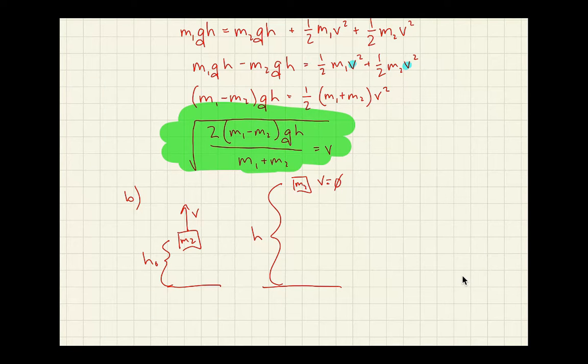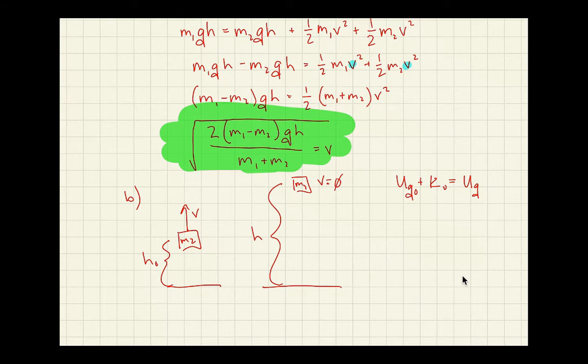So this is, again, truly conservative forces because there's no outside forces acting on it outside the system being the block and the Earth. So I can say the initial gravitational energy and kinetic energy of this block is going to be equal to the final gravitational energy of this block.